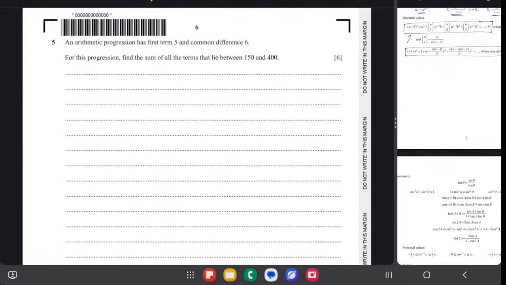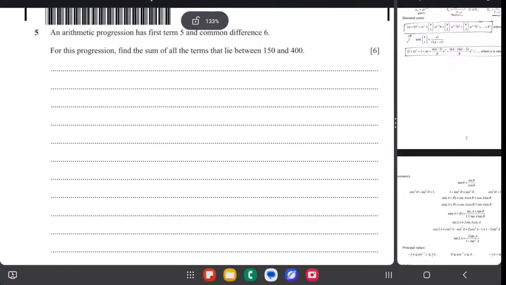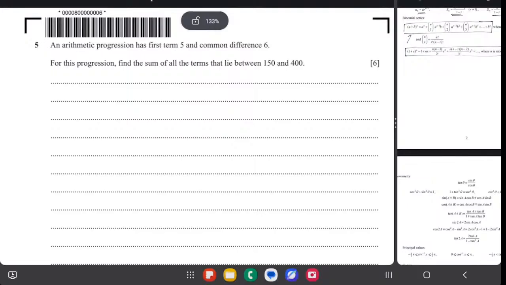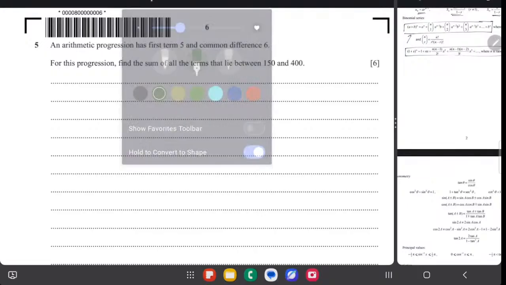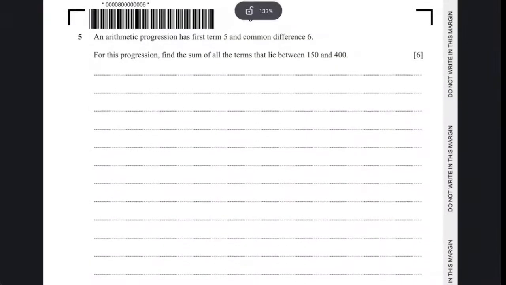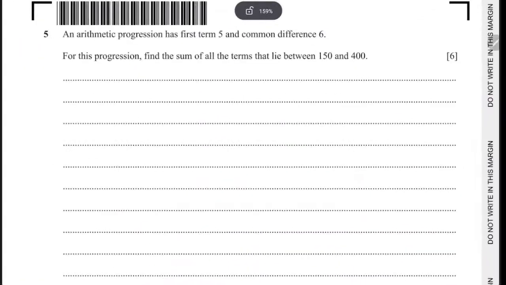Oh, here's another AP. Can you do this one? What is the secret when you're reading? Read it and tell me what to do. An arithmetic progression has first term 5, common difference 6, and so on. What are we going to be doing when we're answering this?